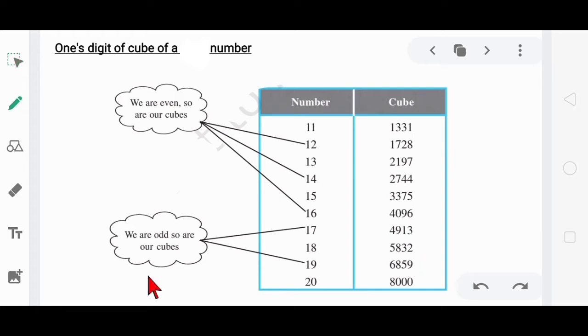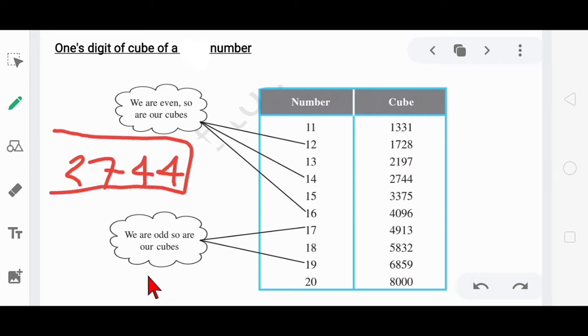If we are given 2744, so what should you do? You first find the ones digit of the base number, and that is 4. Multiply 4 3 times because we are going to find the ones digit of the cube of the number. 4 4s are 16.